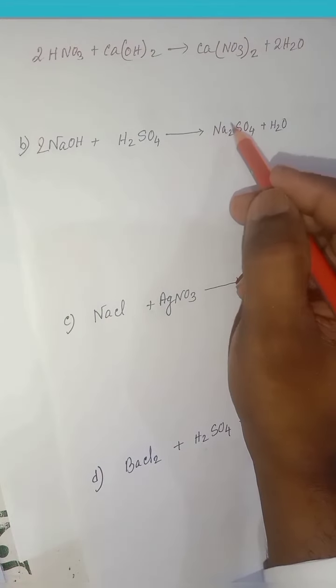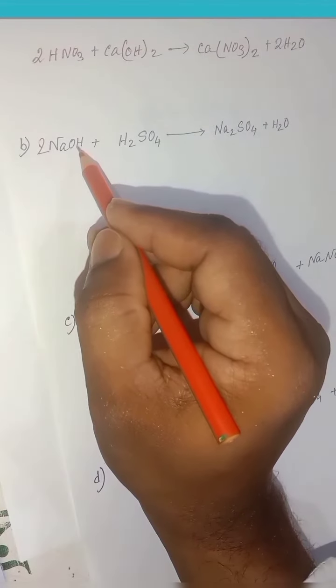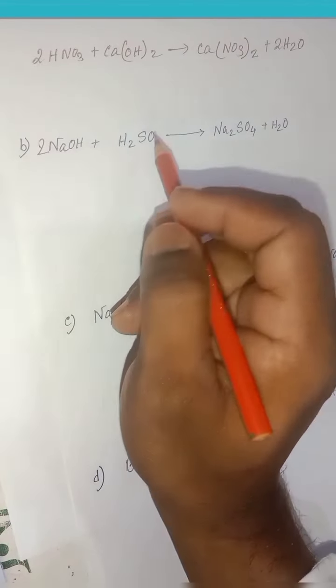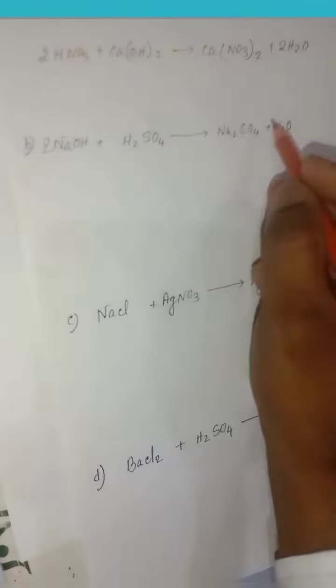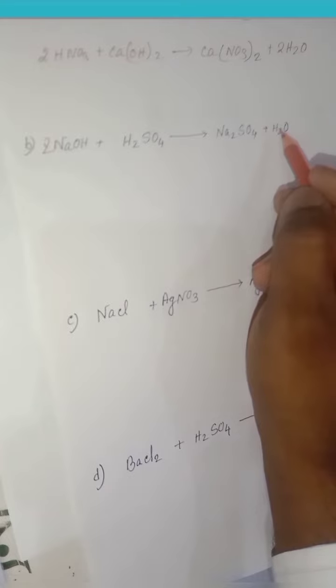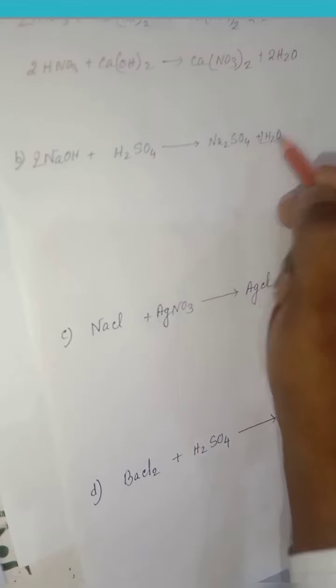The number of hydrogen in the reactants is 2 plus 2, total 4, but on the other side the total hydrogen is 2, so multiply by 2.